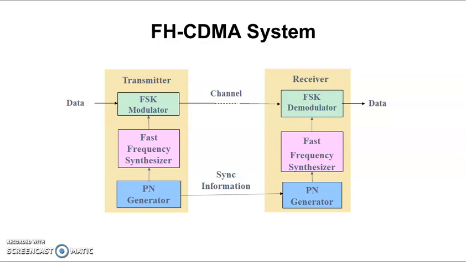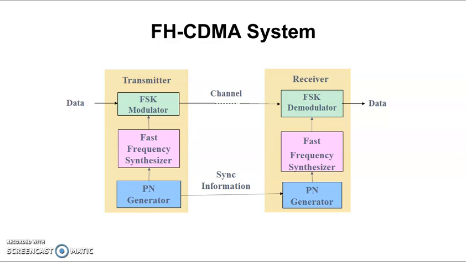The carrier is FSK modulated by the data, and the receiver PN generator is synchronized to the transmit PN generator so that it generates the same control data for the receive side frequency synthesizer, providing the carrier frequency. The demodulator detects the data using the carrier provided by the synthesizer.